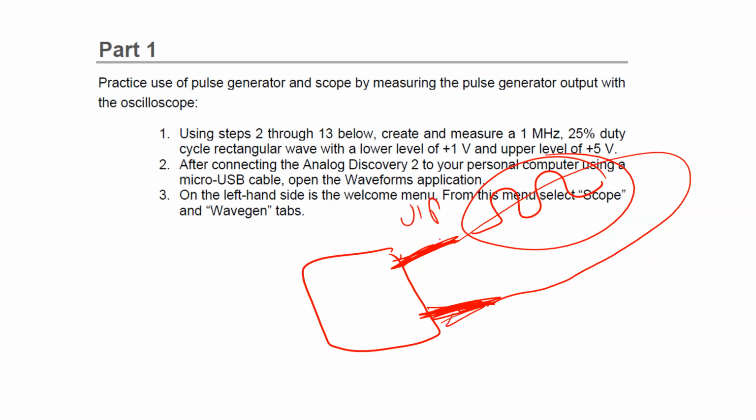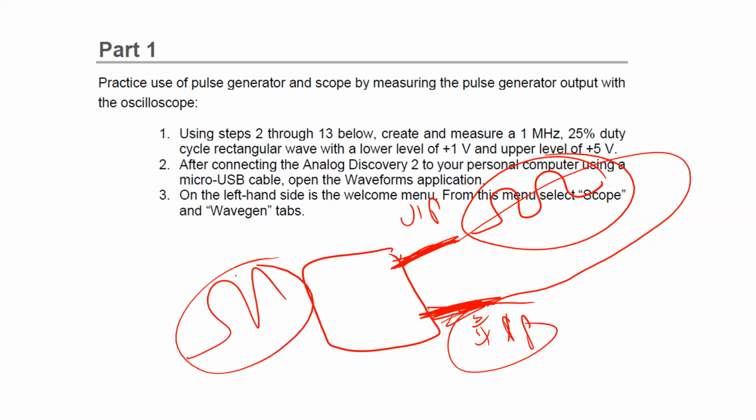This is the output, but I'm going to connect it to an input for the scope so that you can see it on the screen. So you will learn in this course how to generate a signal using the discovery kit, and also how to display it.